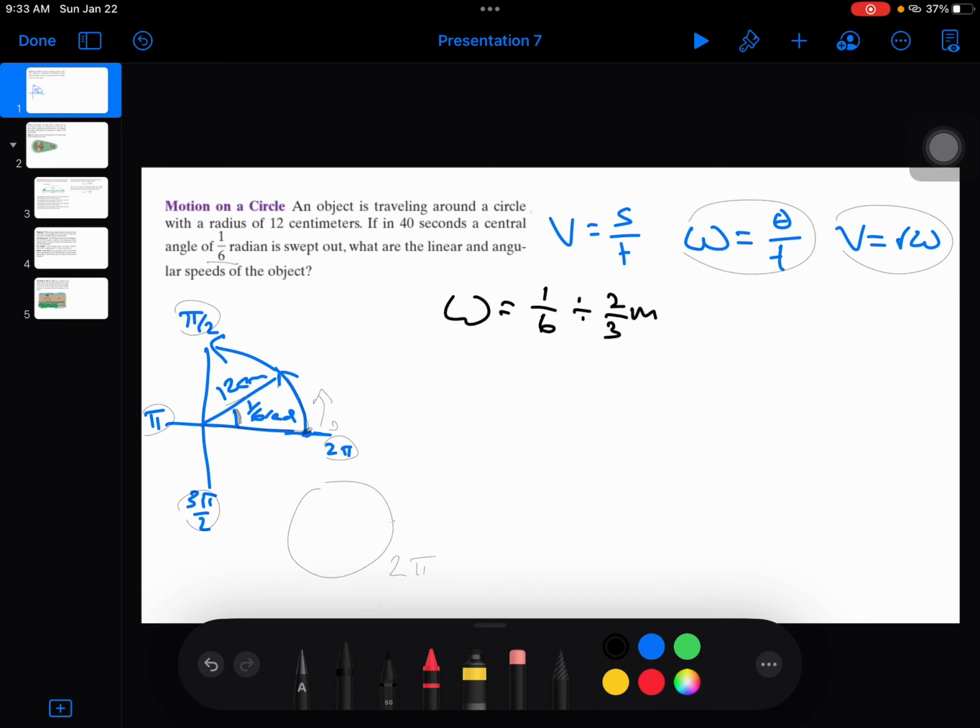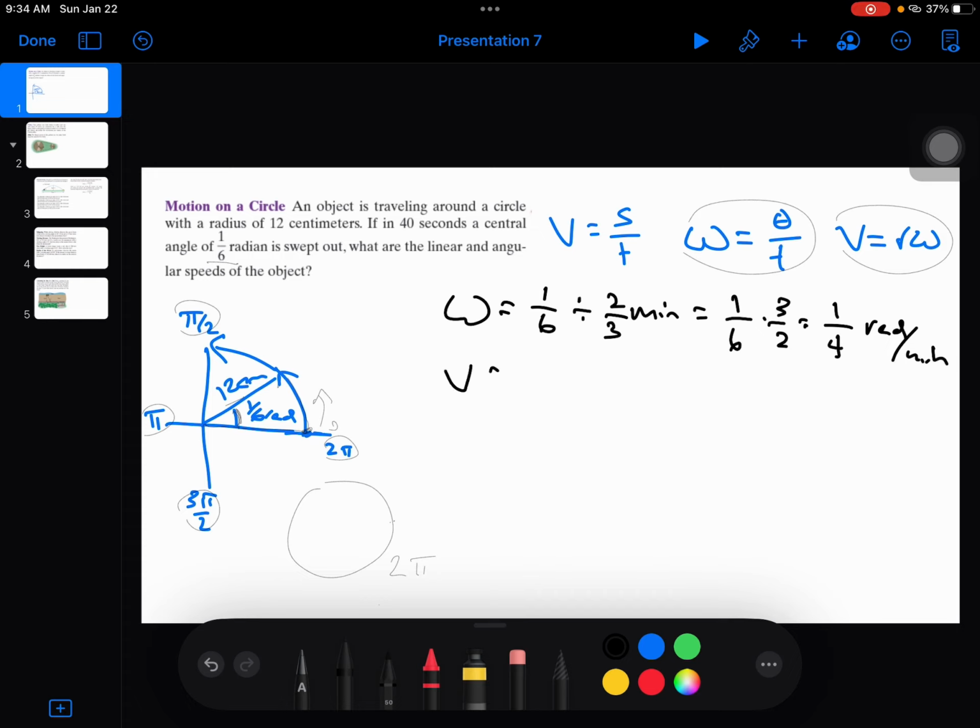And then our final answer will be in centimeters per minute, or radians per minute. And so we're going to keep change flip. 1/6 divided by 2/3 is 1/6 times 3/2. And that's going to give us 3 over 12, or 1/4 radian per minute.